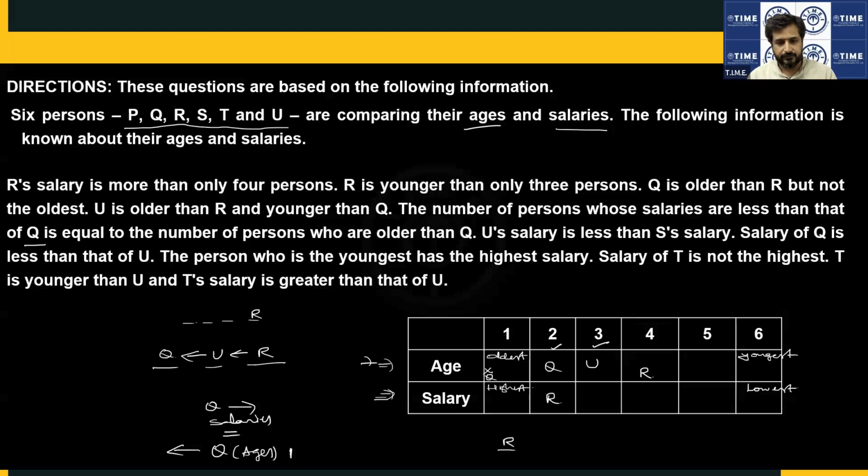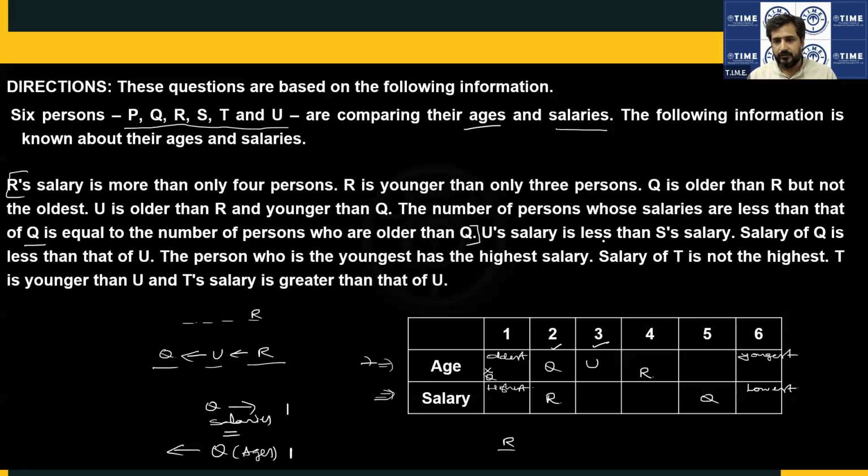Only one person. So the number of persons having less salary than Q will also be one person. That implies Q has the second least salary. So Q will be here. Up to here we have done completely.